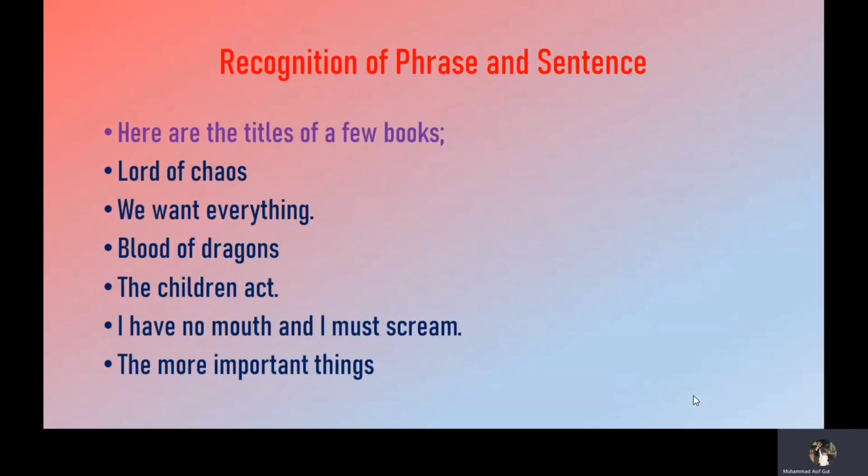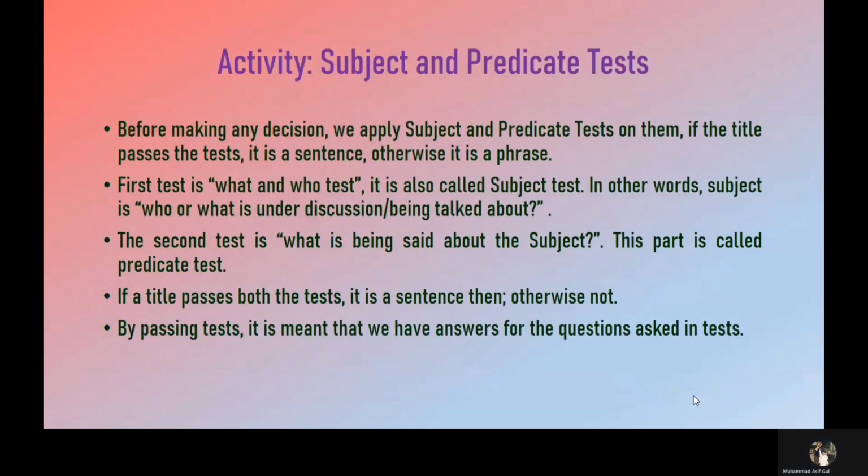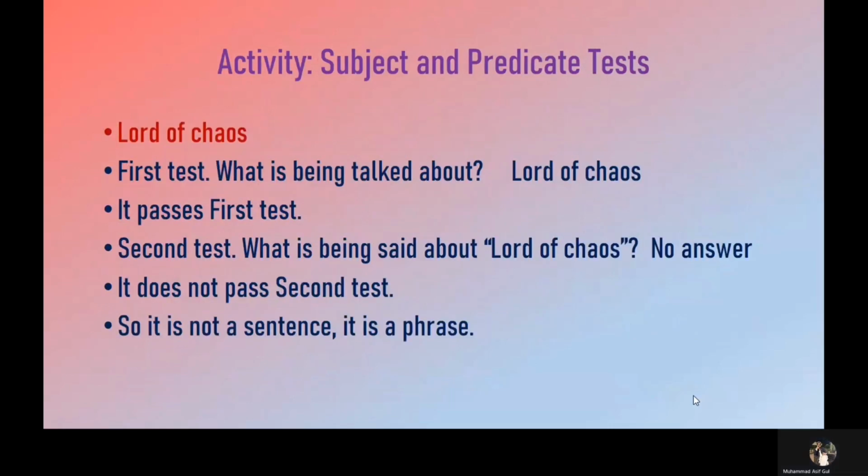Let's apply it on the very first title of a book, Lord of Chaos. First test, what is being talked about? Lord of Chaos. So it passes the first test. Let's apply the second test. What is being said about Lord of Chaos? No answer.